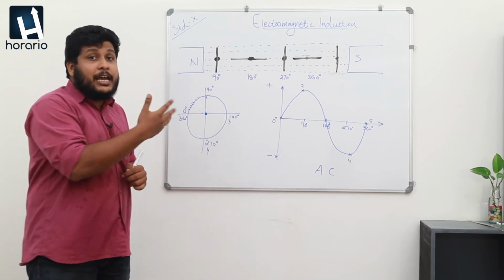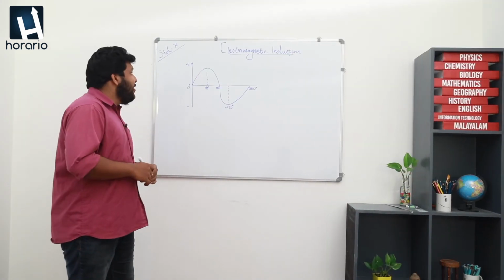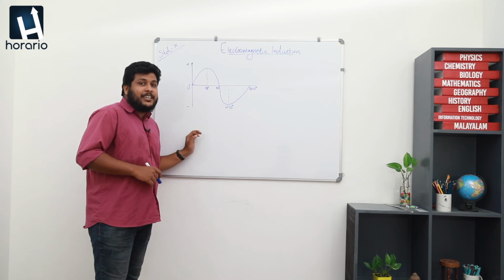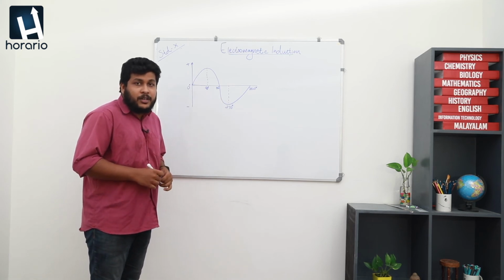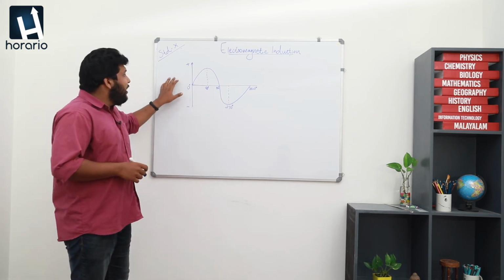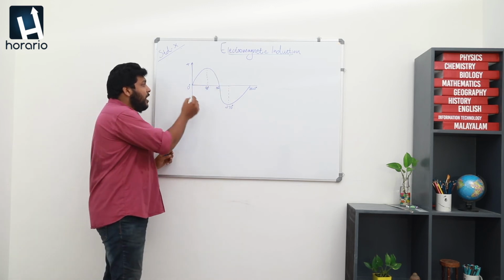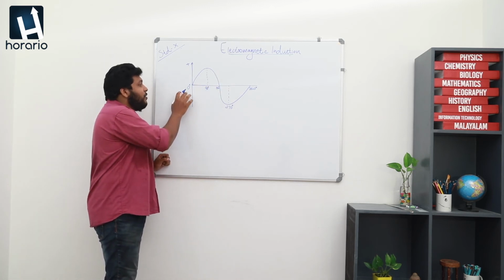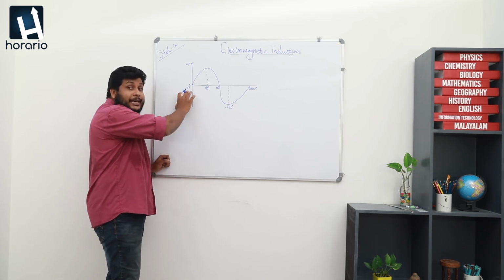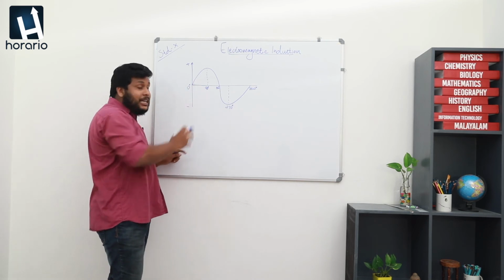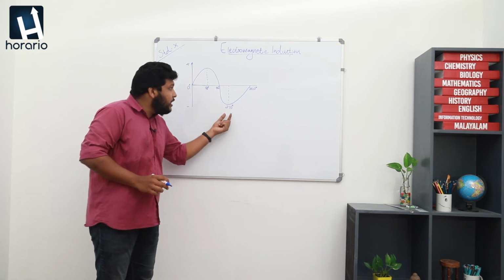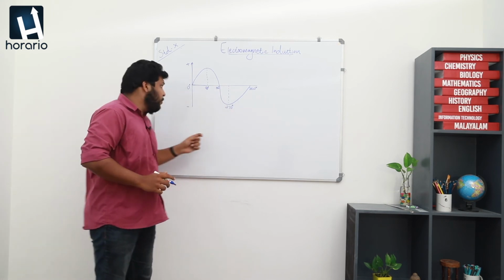What will be the time period? We discussed how alternating current is produced with the help of a generator. So here I have drawn an alternating current. Here we know that the alternating current starts from the point or angle 0 degrees, rotates through 90 degrees, 180 degrees, 270 degrees and 360 degrees.